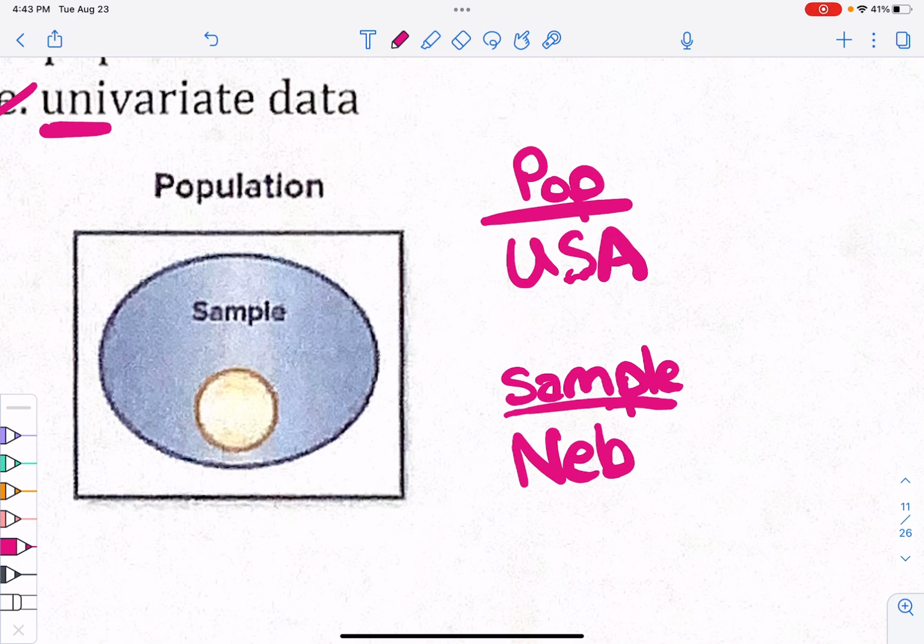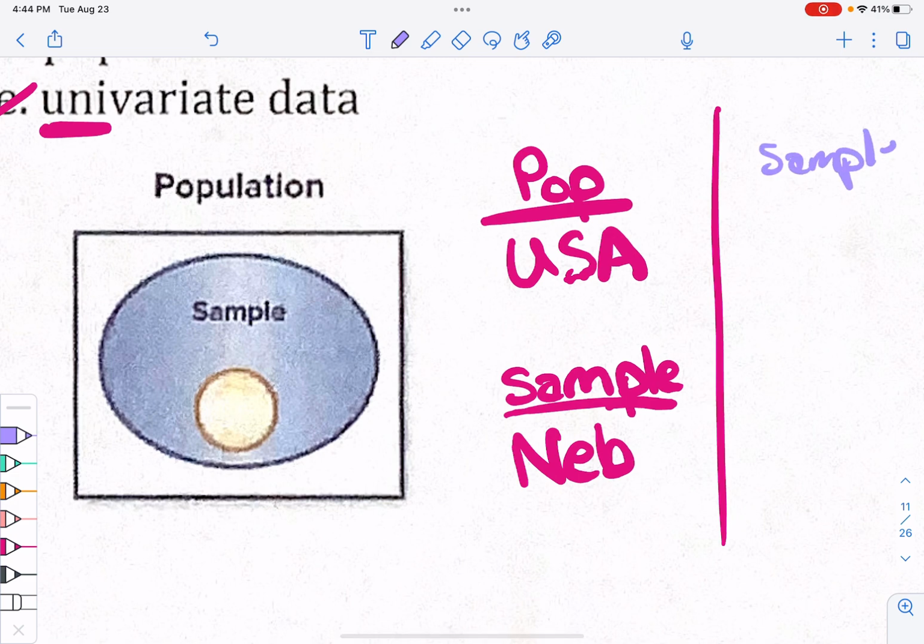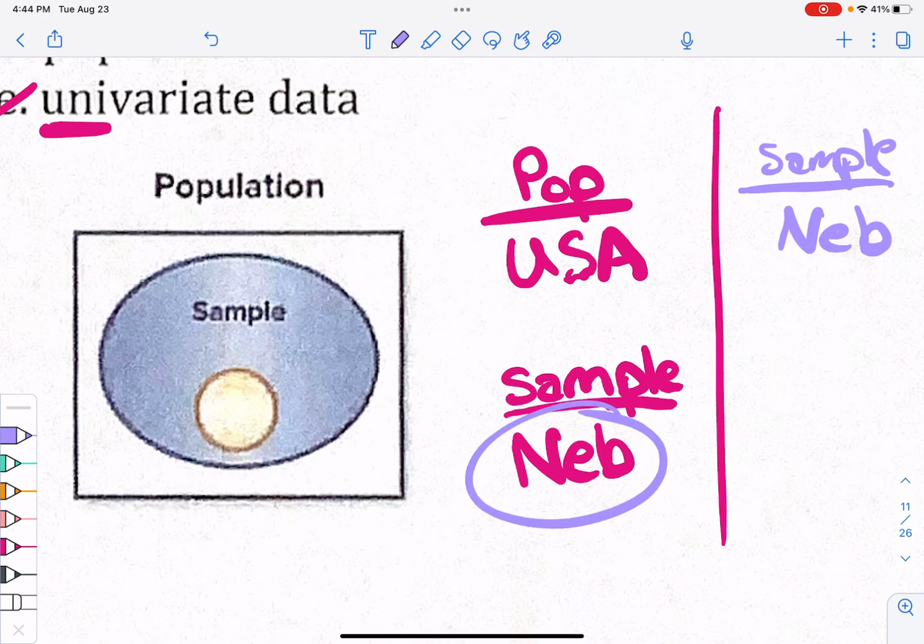Now, the thing that people get confused all the time is they think population always means everybody everywhere, okay? So I'm going to reverse this, and do another example where my sample is now everybody in Nebraska. Before, my sample, or excuse me, my population, get rid of that. My population is now everybody in Nebraska.